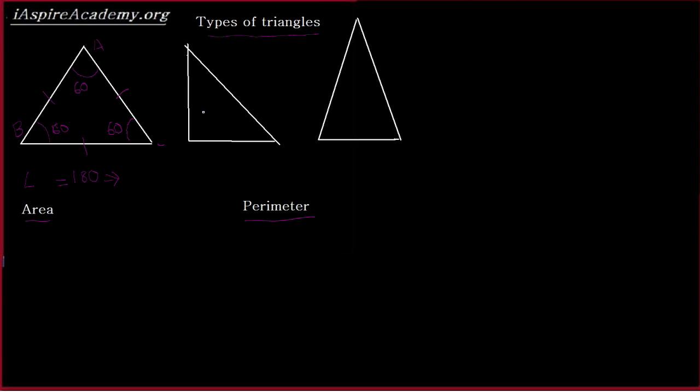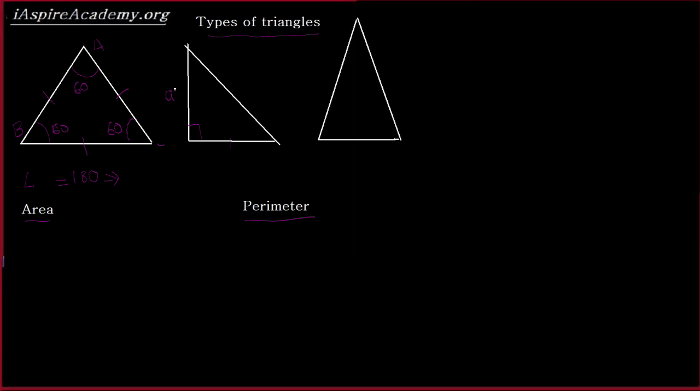Now the second one is a right angle triangle, which means one angle is a right angle. If we have a right angle triangle, then we can apply the Pythagorean theorem.